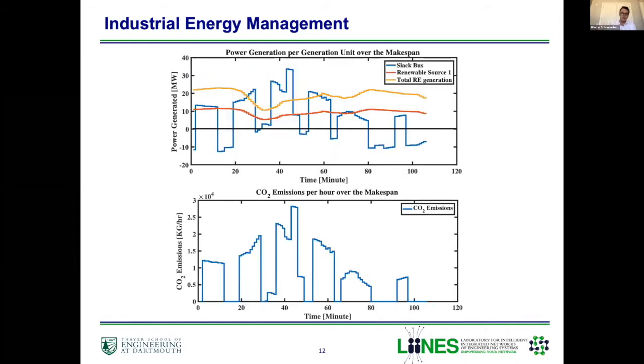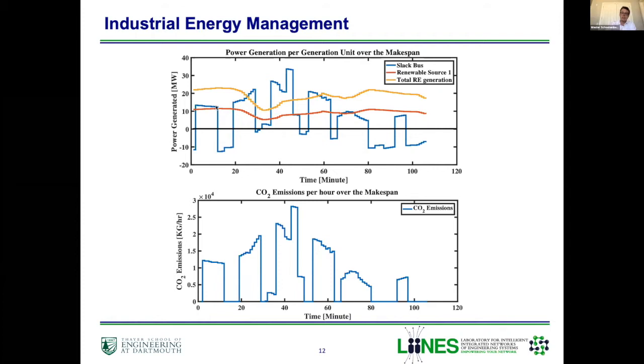What you can see in the top figure is the renewable energy power generation of one wind turbine and the aggregate for the two wind turbines in my system. And this blue line indicates the net power consumption of the microgrid. Whenever the machines are on, we need to import a lot of power, so the slack bus is generating positive megawatts.